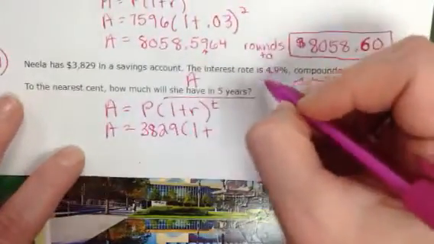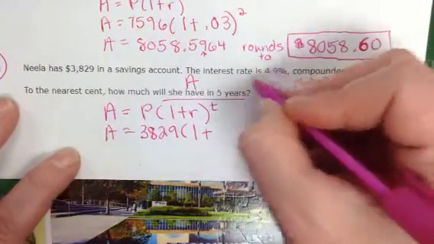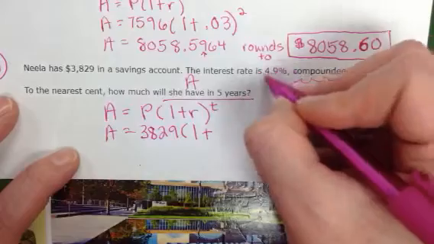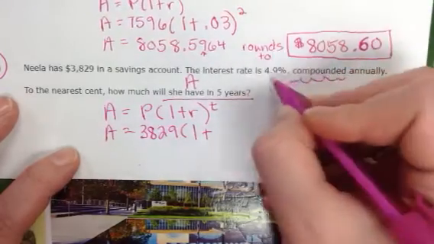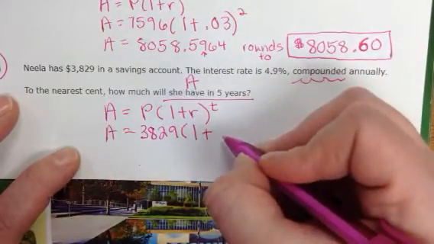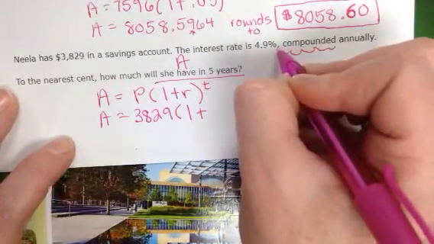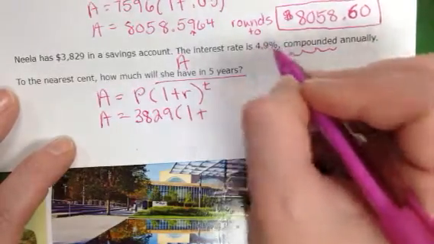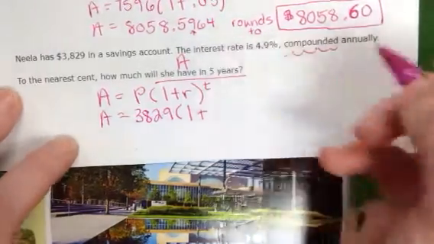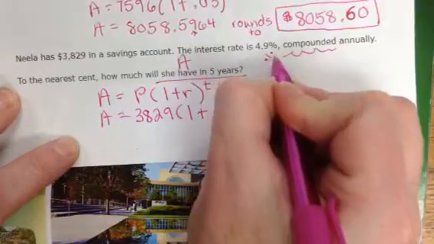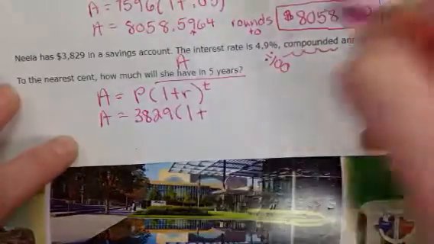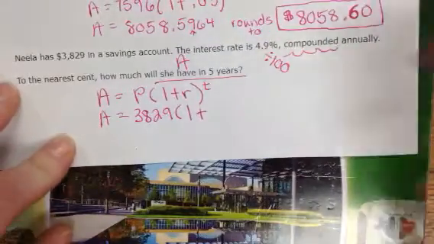Okay, so this is the common mistake here. I have a lot of kids that whenever they see that this already has a decimal in it, they just want to bring it straight here and write 4.9. Well, that's not right, because it's still got a percent sign behind it, so it hasn't been changed to its correct decimal form yet. I'm still going to divide it by 100 because it has a percent sign, okay?